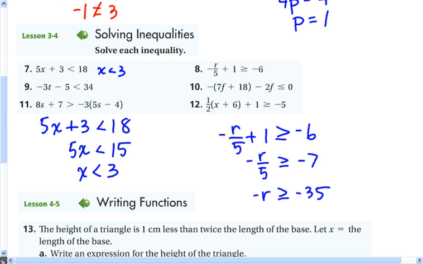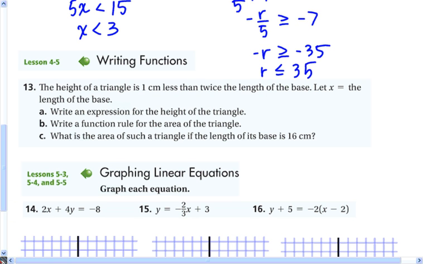And then let's divide both sides by negative 1 and get r. When you divide by a negative, you have to switch the sign. r is less than or equal to positive 35. I think I'll just let you do the rest of those. Just wanted to give you a problem to remind us of the steps we need to take.